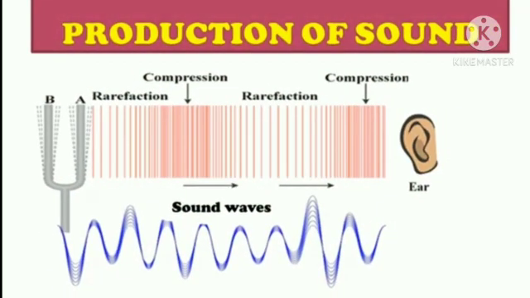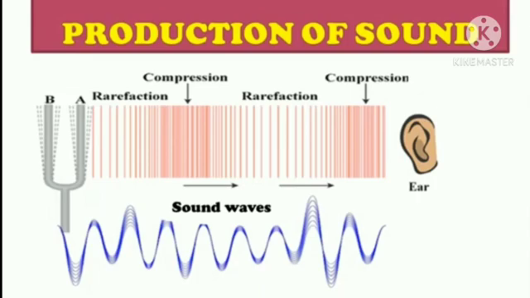So, how is sound produced in a tuning fork? When you take a tuning fork and strike it on any object, vibration is produced. Such periodic motion of the prongs creates compression and rarefaction in the air, because of high pressure and low pressure, and these are propagated away from the prongs.